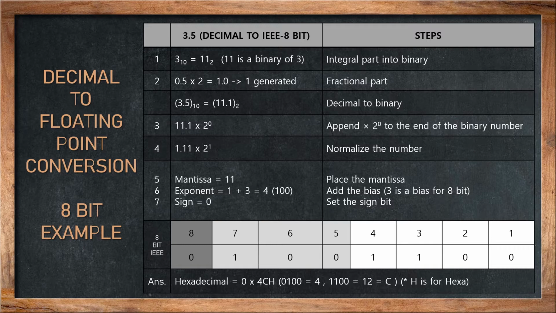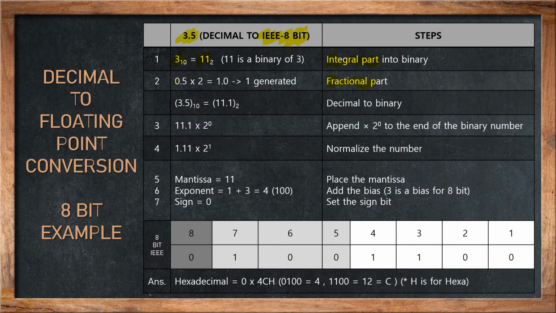Here we have the decimal number 3.5, which we need to convert into the IEEE 8-bit format. Let's start. As we know the steps, the first step says convert the integral part into binary, and in 3.5, 3 is the integral part. I got 11 as the binary for 3. The next step says convert the fractional part into binary.